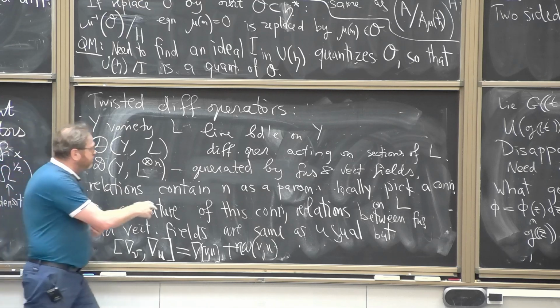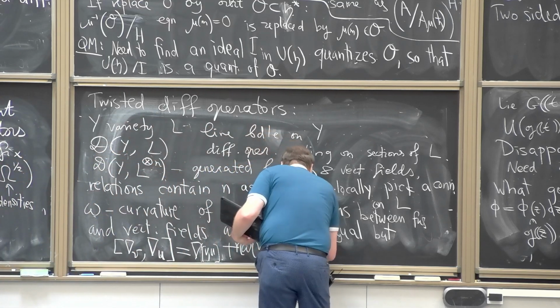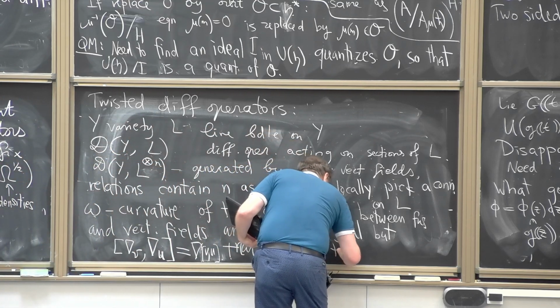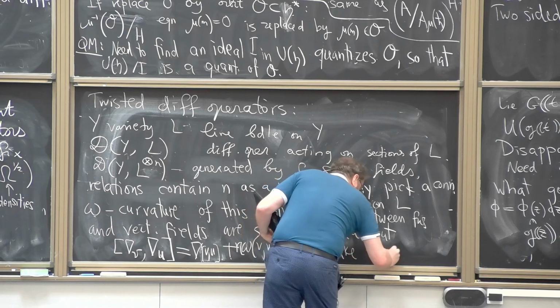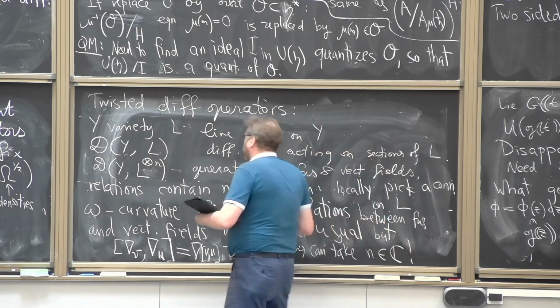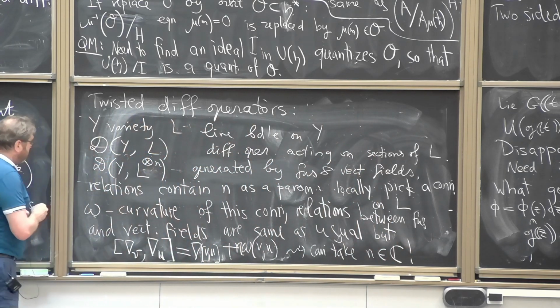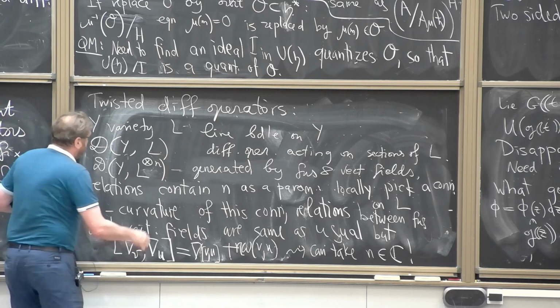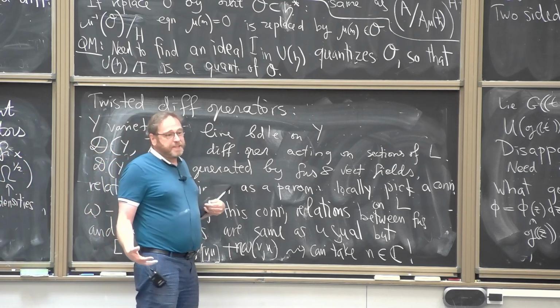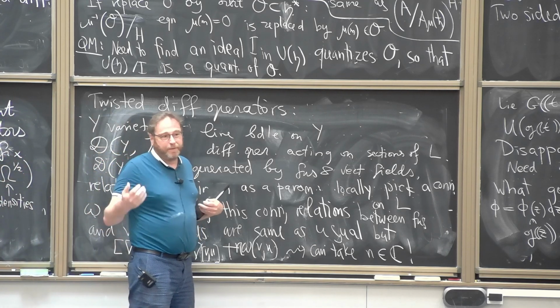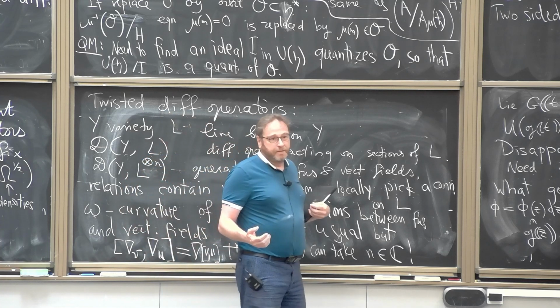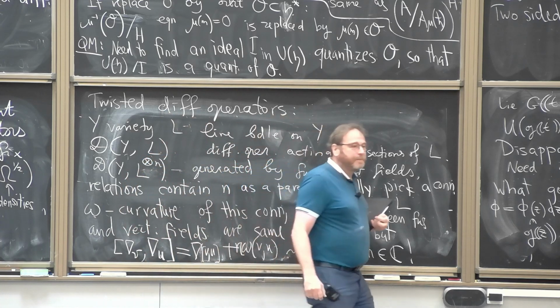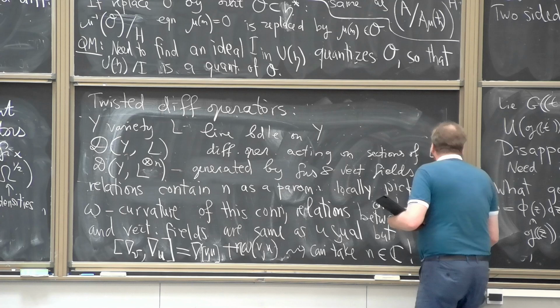And so this n can be replaced by any complex number. So we can take n in C. And this is great because, of course, line bundle L to the n, where n is pi, for example, doesn't make any sense. But differential operators on this line bundle, which makes no sense, do make sense.